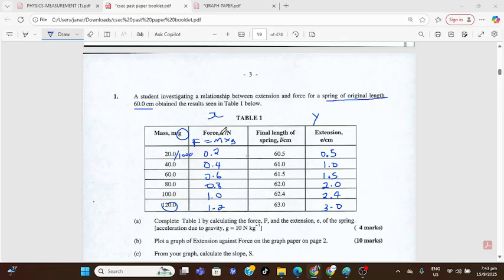This is a lab that CXC expects you to do. It's actually called Hooke's Law. It's a Hooke's Law lab. It is a classic lab. It's one of the labs that comes up a lot.